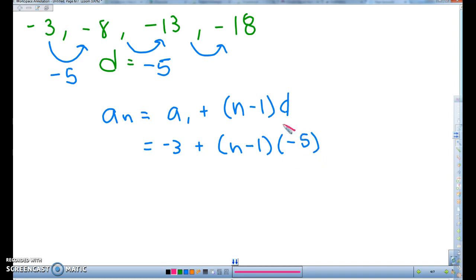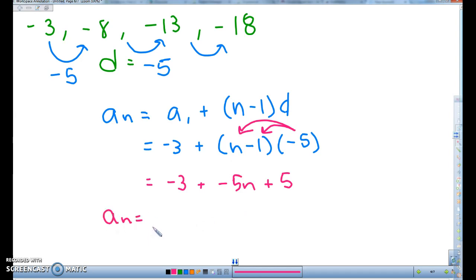And now I know I can distribute so that I would get negative 3 plus negative 5n plus 5. Be careful with those negative signs. And combine like terms so I find that a sub n.